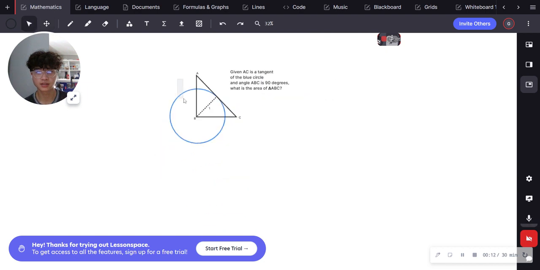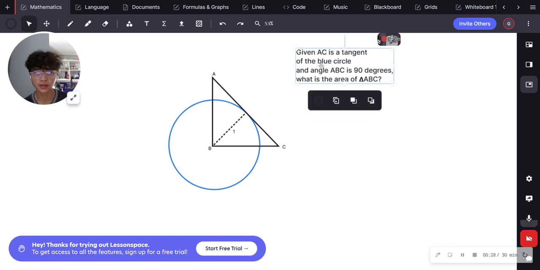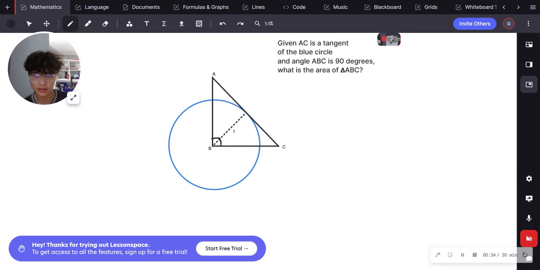The question is, given AC is a tangent of the blue circle and angle ABC is 90 degrees, what is the area of triangle ABC? So we know that this will be 90.